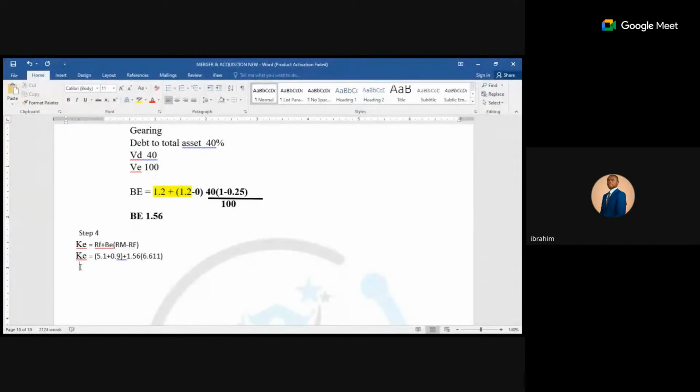So cost of equity is equals to, when you add these two together, what do you have? 6. You have 6 plus, when you multiply this, what do you have? 10.31. 10.31. So therefore, cost of equity, what do we have? 16.3.